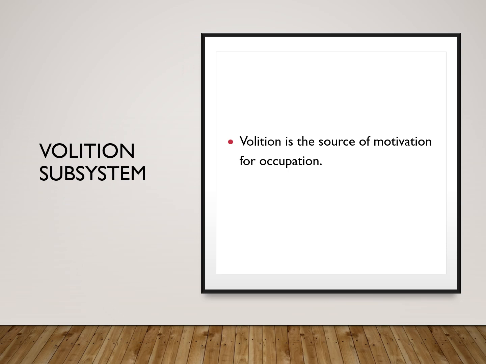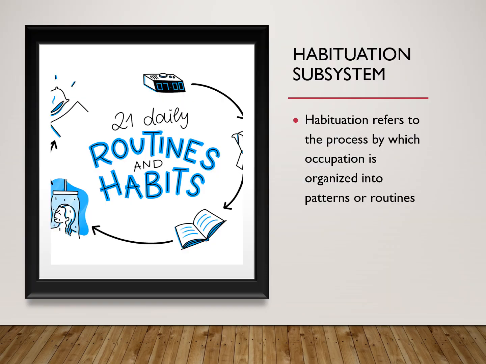Volition is the source of motivation for occupation. It is considered a subsystem. Habituation is a subsystem, and that refers to the process by which occupation is organized into patterns or routines.